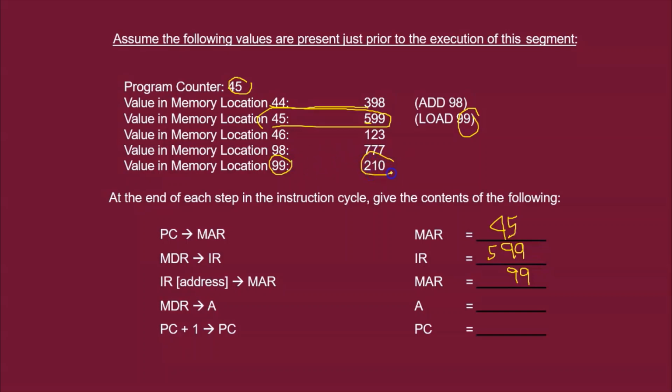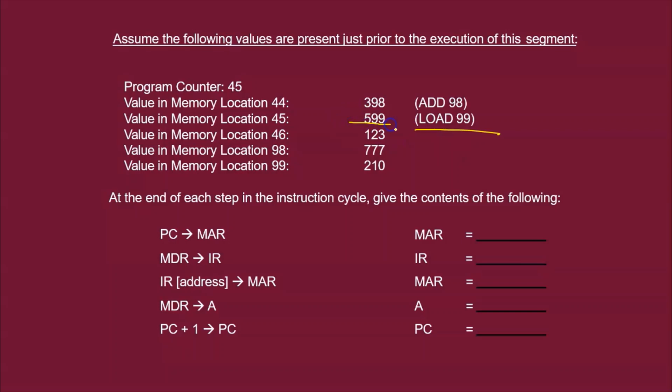And then what we have is 210. 210. And then the program counter must point to the next instruction, 46.